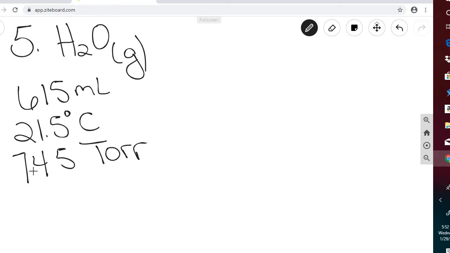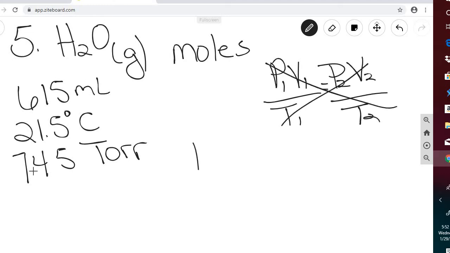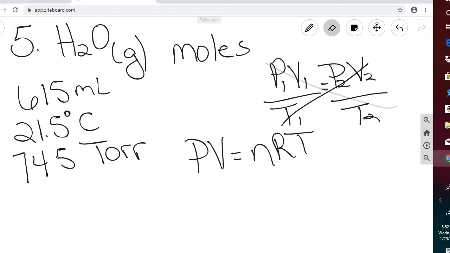Well, we're asked for the number of moles, and the combined gas law doesn't give us a way to calculate number of moles. Okay, so that eliminates that one, and so that just leaves us with the ideal gas law, PV equals nRT. Okay, so that's what we'll use.